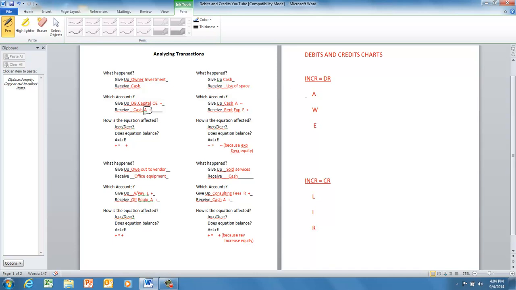So I take a look and I see asset increase. Do we have an increase? Yes, we do. And so we're going to use debit. And so next to here I would put debit.